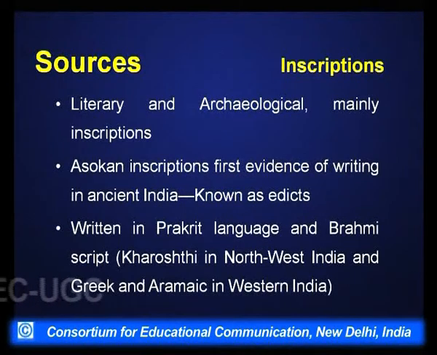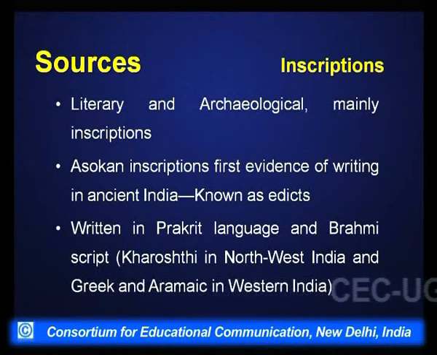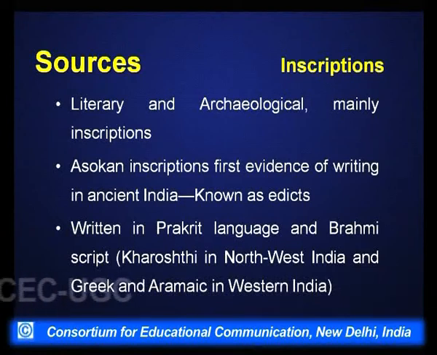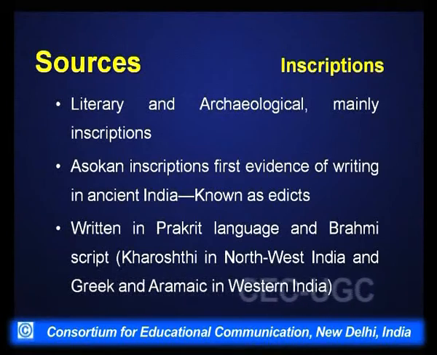Now, as far as the Mauryan period is concerned, we have a large number of inscriptions. Basically, these inscriptions were issued by Asoka, and they are spread almost all over India, from Afghanistan in the north to Karnataka in the south, and from Gujarat in the west to almost Bangladesh in the east.